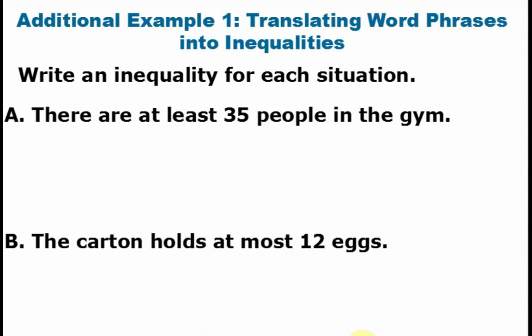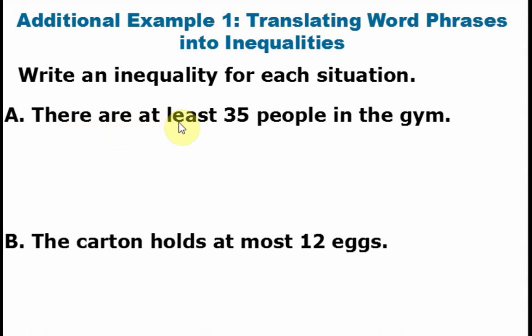Okay, so these are additional examples translating word phrases into inequalities. Write an inequality for each situation. We have seen what meaning the symbols carry, and some phrases and words used in inequalities.